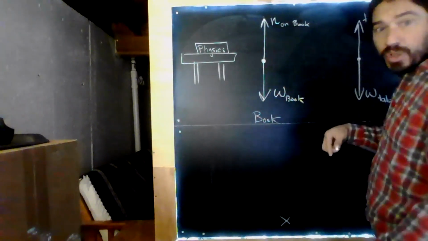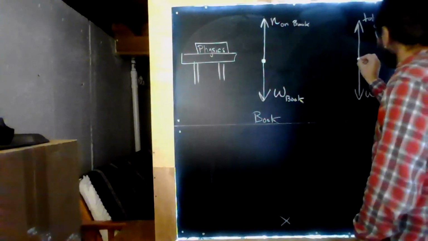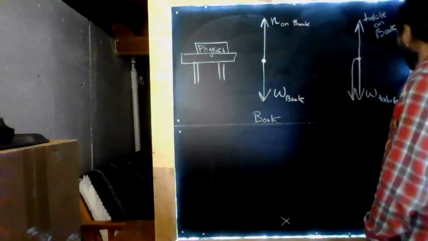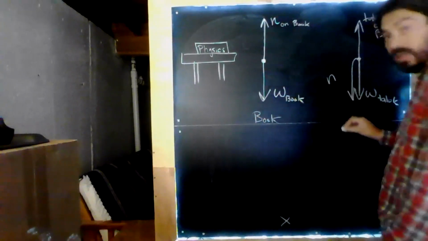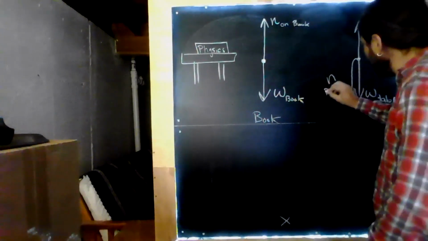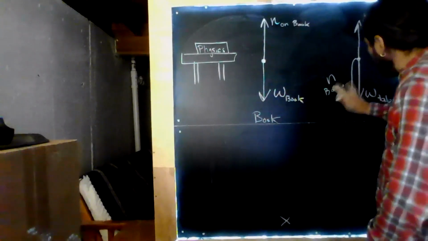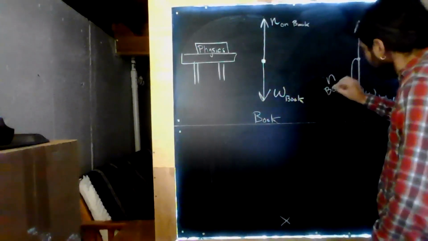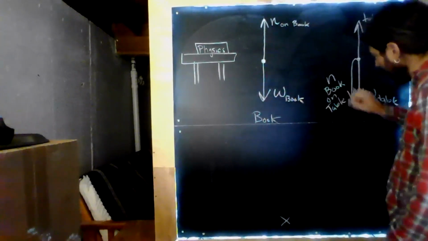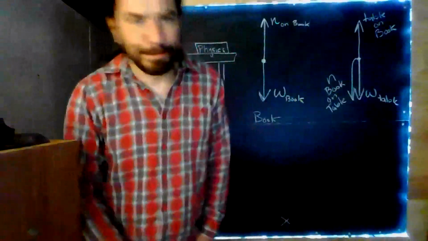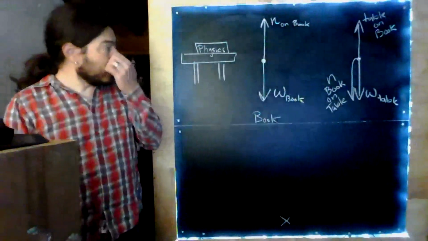And the book, I guess, pushes on the table also. And so we'll just kind of add that right here. And that is actually the normal force, right? So this is a normal force because it's from a surface, right? This is book, sorry. So that's book on table there. And it's a normal force.